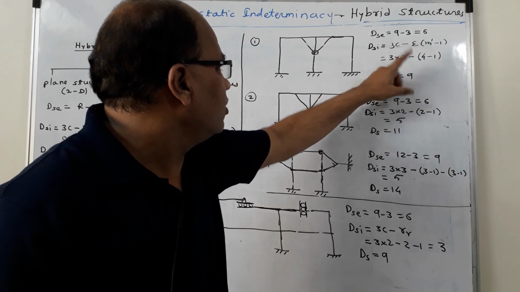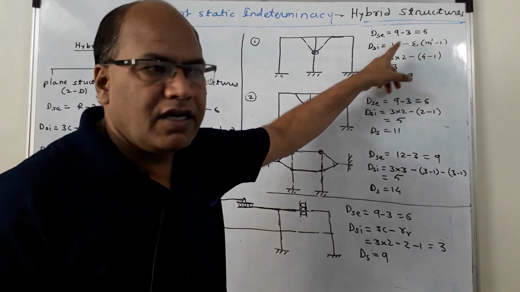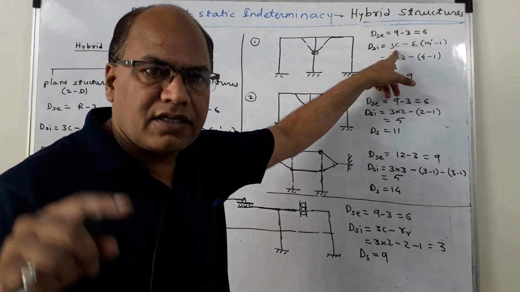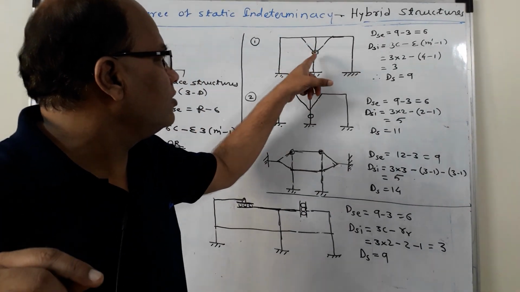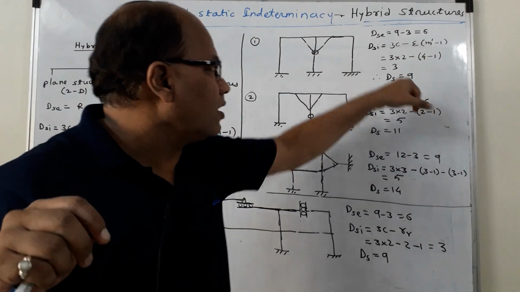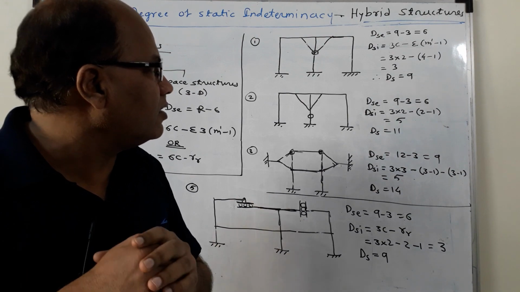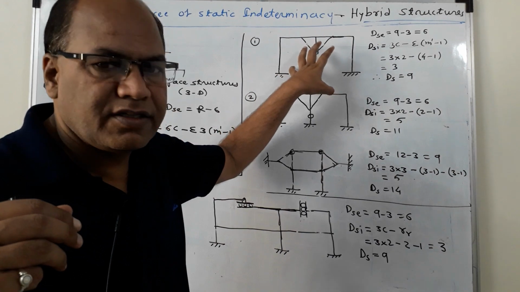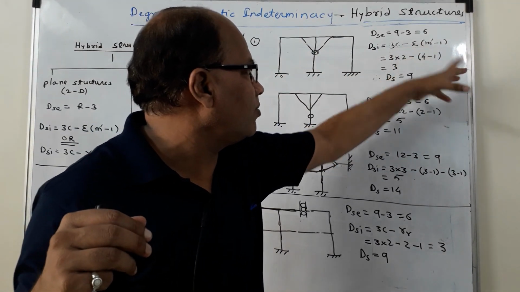But again 3C is the static internal indeterminacy of a structure having all the joints as rigid joints, but there is one hinge joint over here. As such, we will have to deduct the number of internal reactions which are getting released. So at this hinge joint, in case of plane structures, the deduction should be made by using this formula, summation of m dash minus 1.